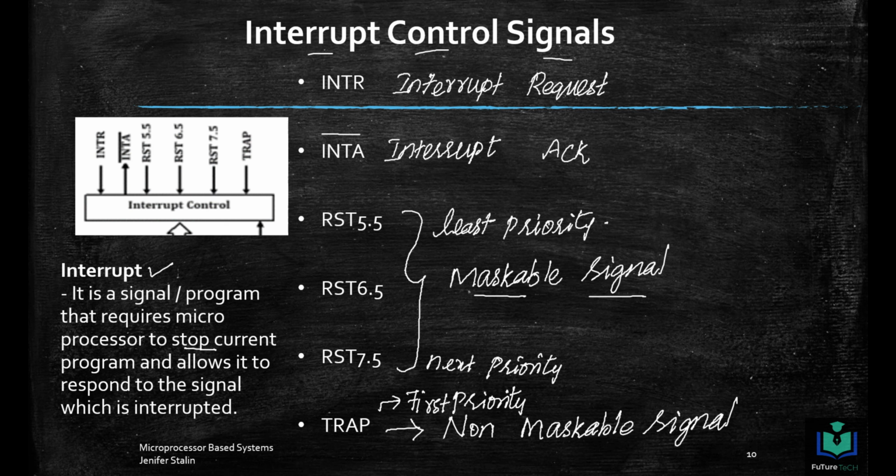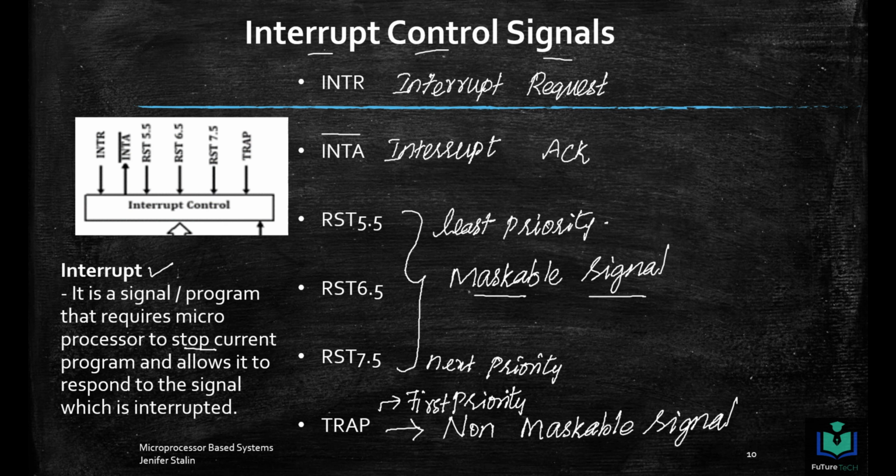So we have the interrupt request signal to make a request to the microprocessor on whether the microprocessor can be interrupted. As soon as the microprocessor receives the interrupt request signal, it sends an acknowledgement to the one which is interrupting.